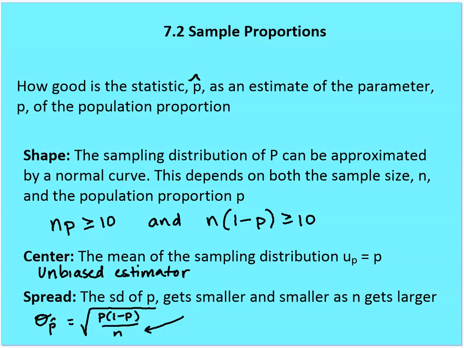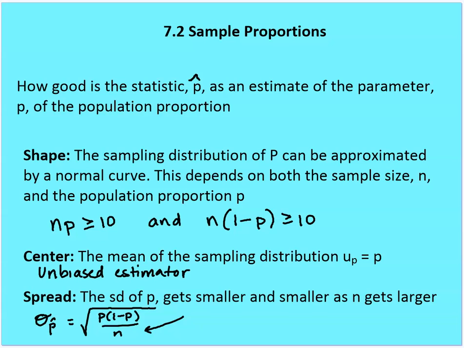The first is that the shape needs to be a normal curve, and we can assume that it's normal when both the sample size times p is greater than or equal to 10, and the sample size times 1 minus p is greater than or equal to 10.